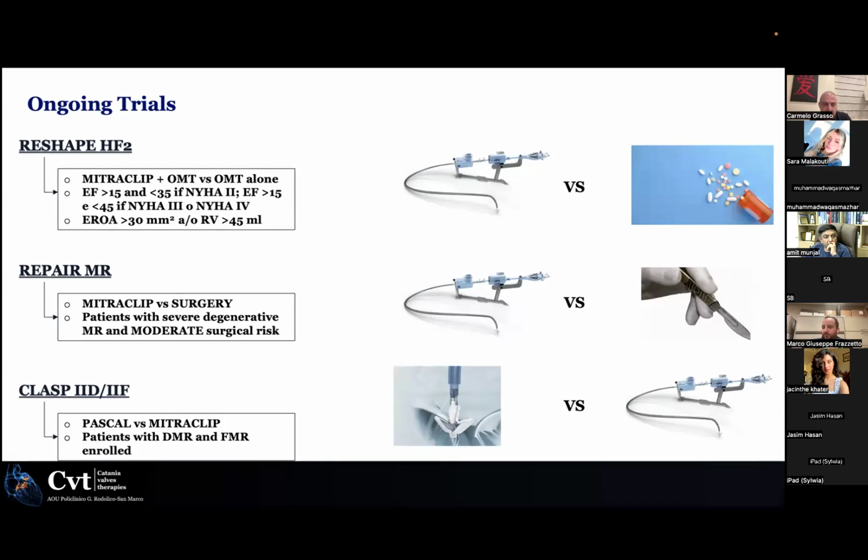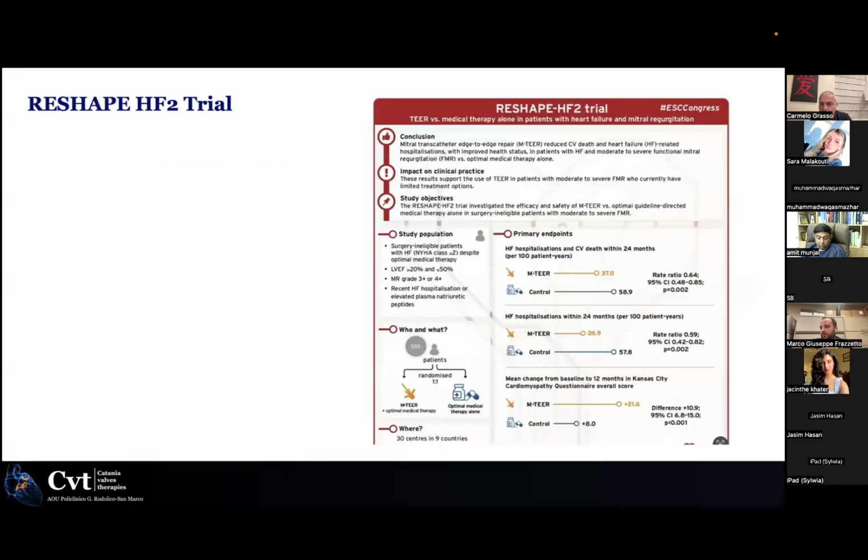The REPAIR trial compares MitraClip versus surgery in severe degenerative MR in patients with moderate surgical risk, and the CLASP IID/IIF will compare Pascal and MitraClip, both in patients with degenerative and functional mitral regurgitation. These are the RESHAPE-HF2 trial that compared TEER versus medical therapy.